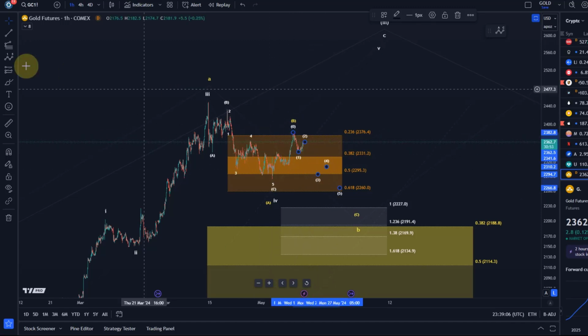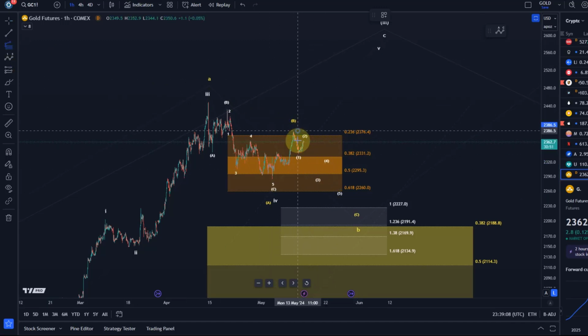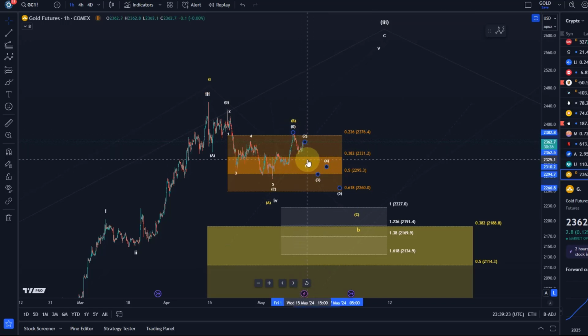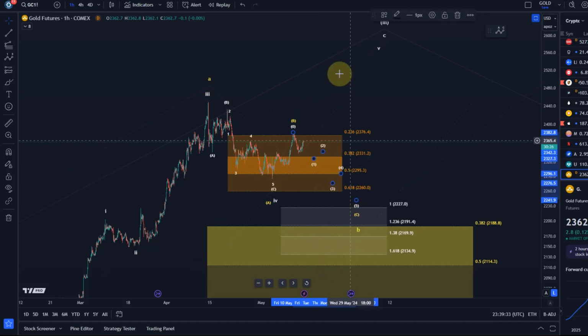From looking at the proportions, this initial decline was definitely too small to be wave 1 of wave C. So I'm not entirely sure what this would be. Maybe an AB of a wave 1 if we're dealing with wave C as an ending diagonal. So I would definitely say if the yellow count is unfolding, then the wave 1 is not yet complete.